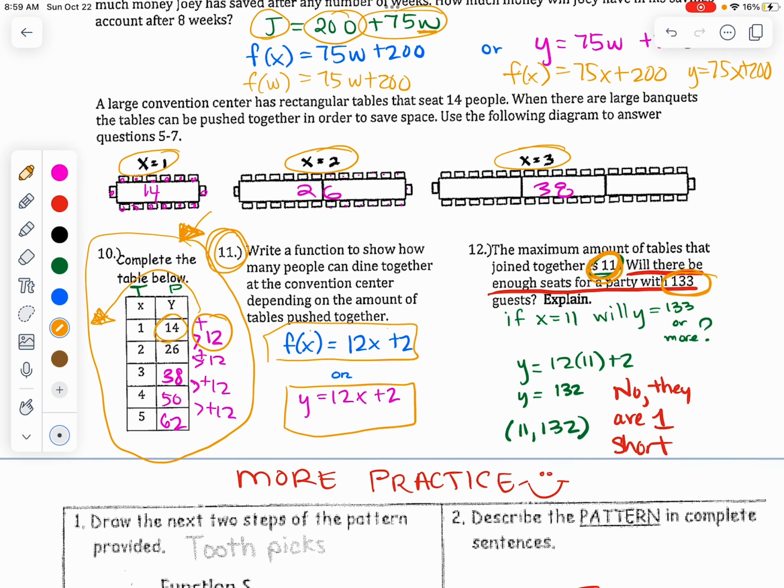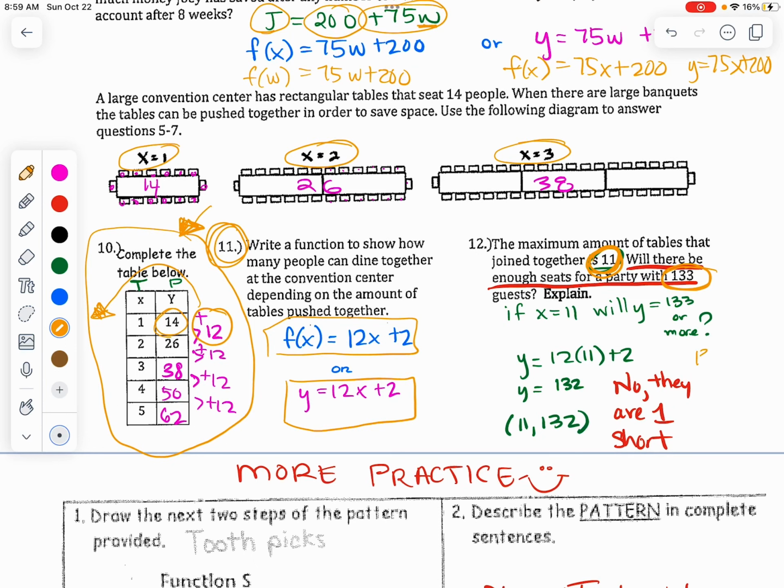You could also have done this like this. 133 equals 12 times 11 plus 2. And this is a question mark. Will it equal? And it will not, because you get 133 is not equal to, my bad.